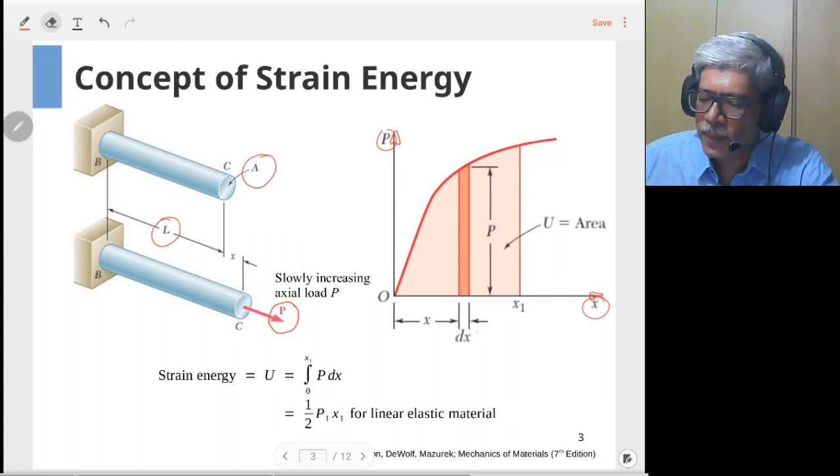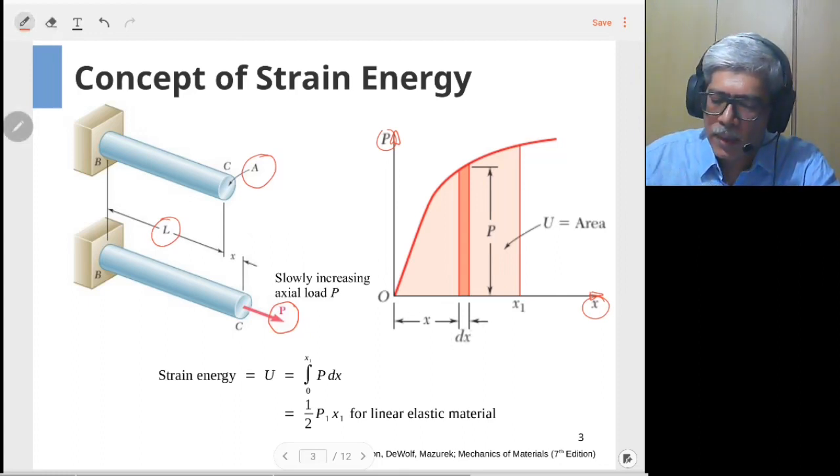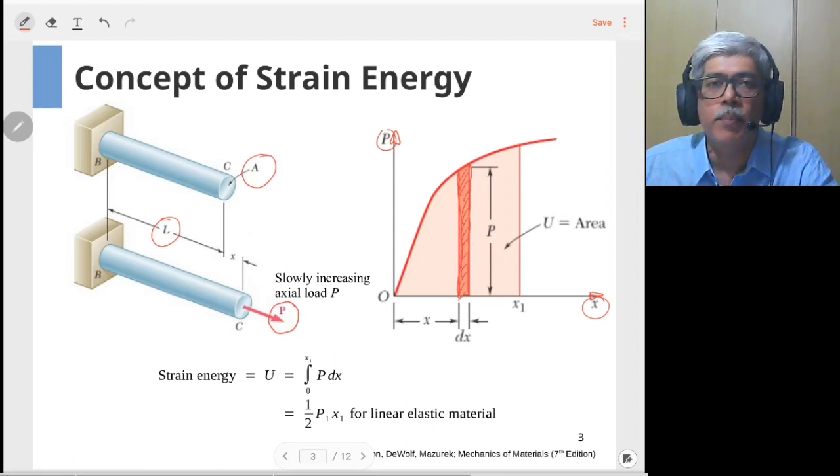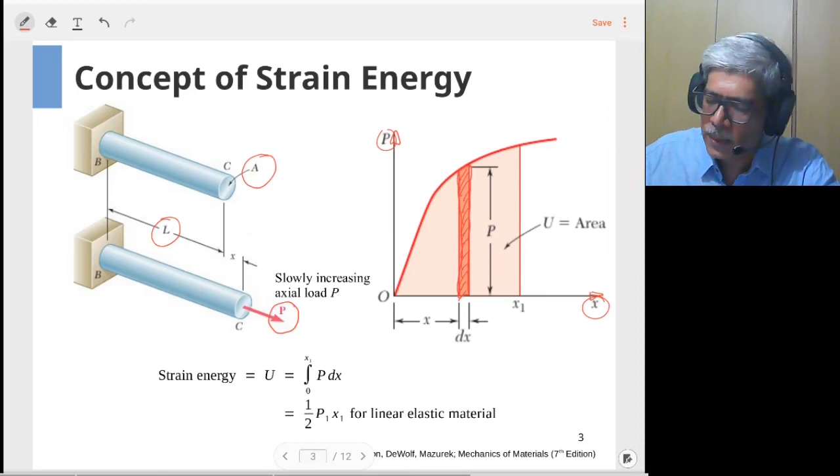That is what is represented by the dark strip shown on the graph. At this instant the work done by the external force P will be given as P multiplied by dx.